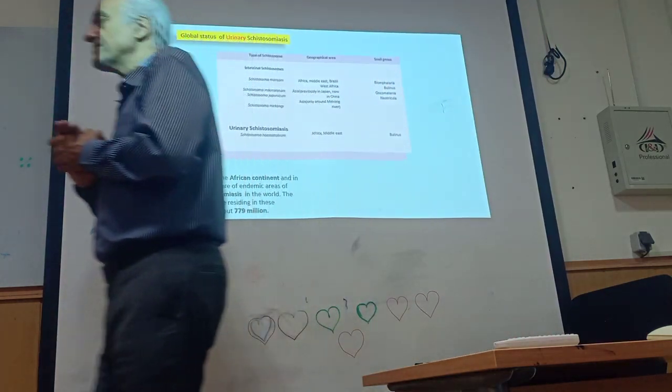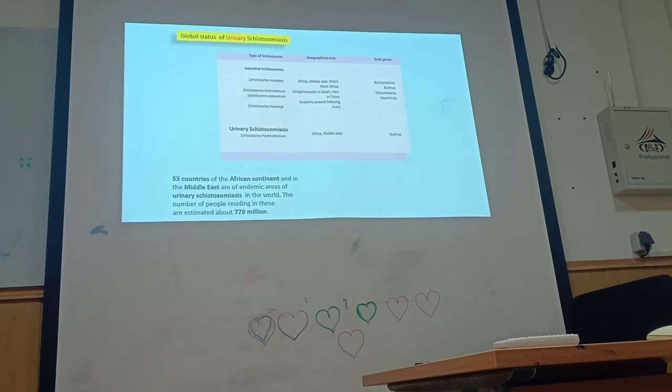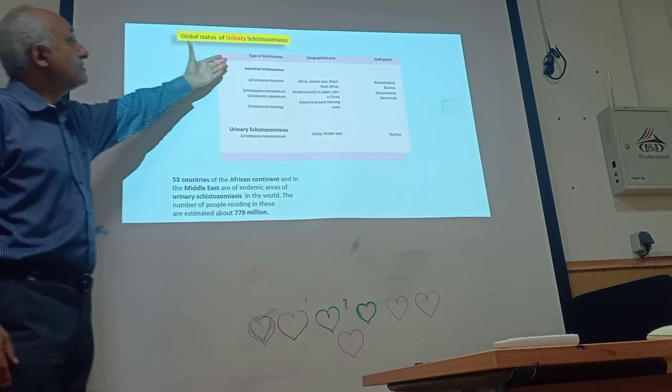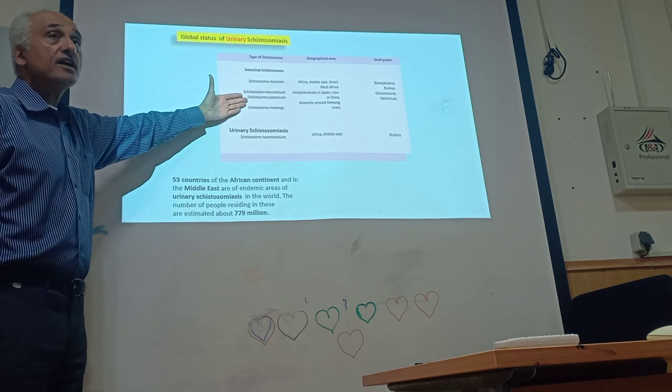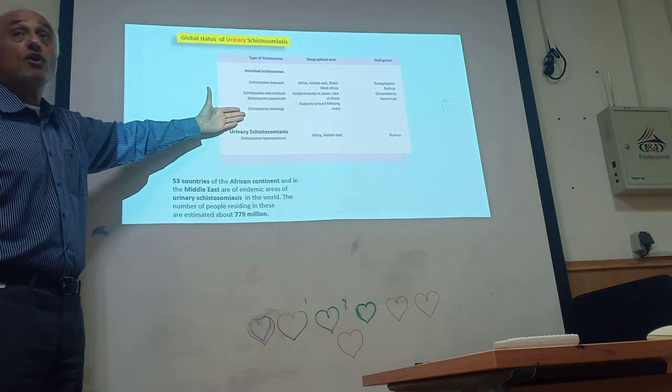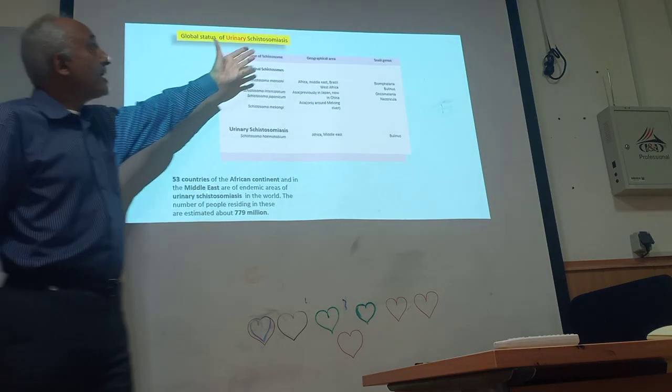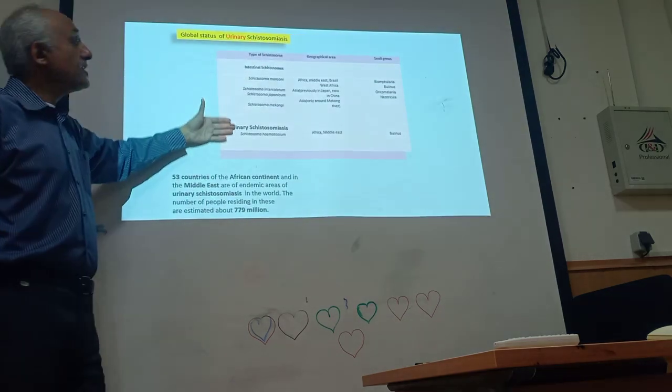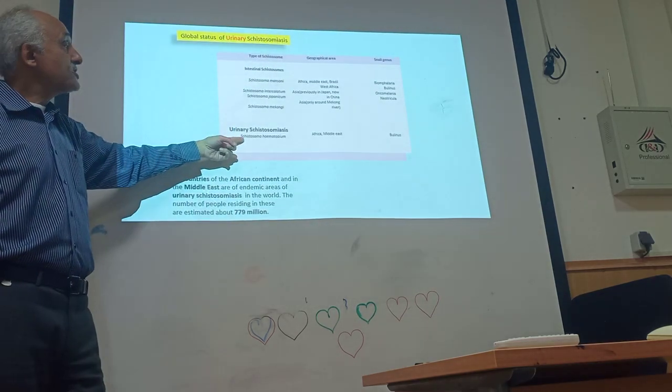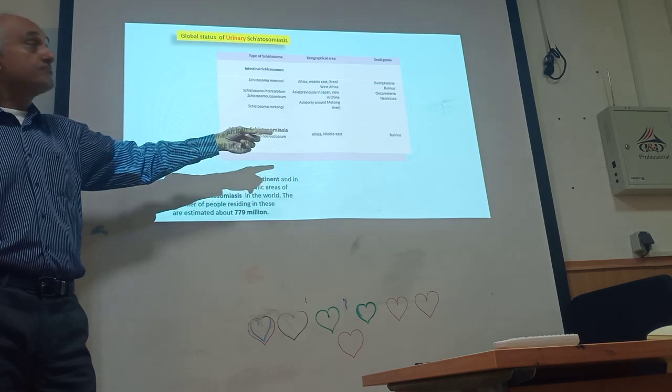Very important slide. By this slide, you can get an overview of the epidemiological information on this issue. Intestinal ones: Mansoni, Intercalatum, Japonicum, and Mekongi. And for urinary schistosomiasis, Schistosoma hematobium.